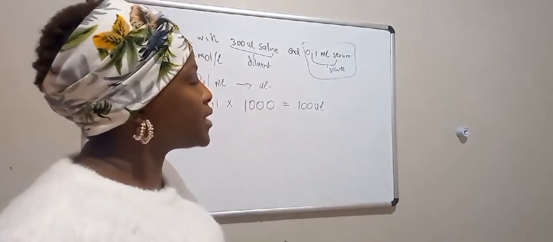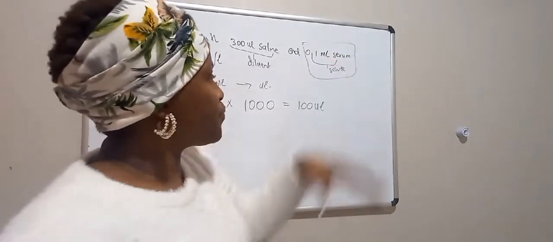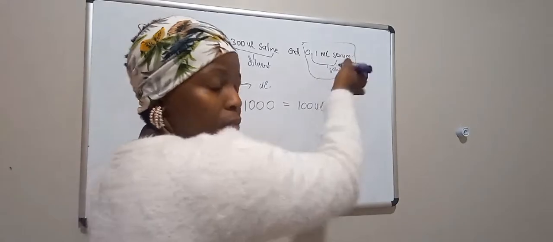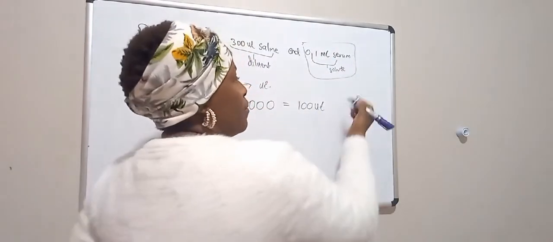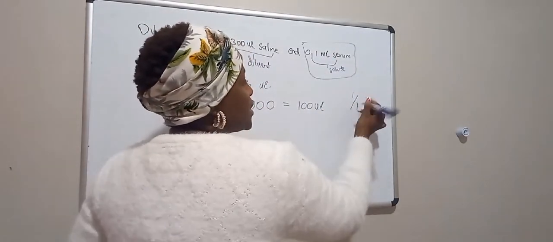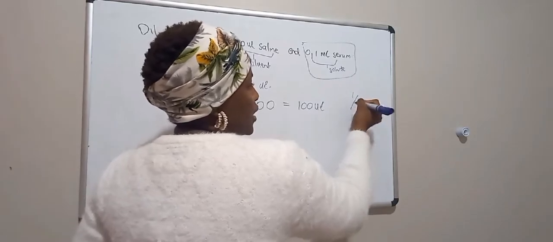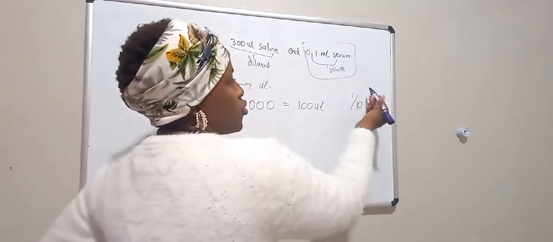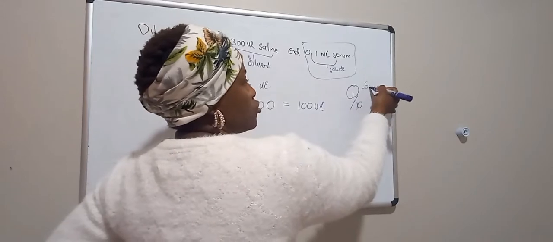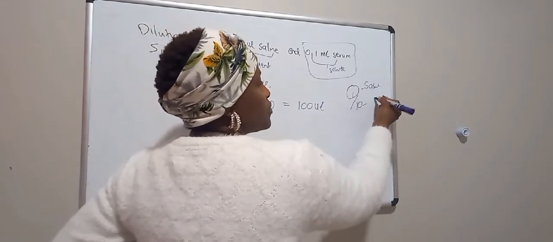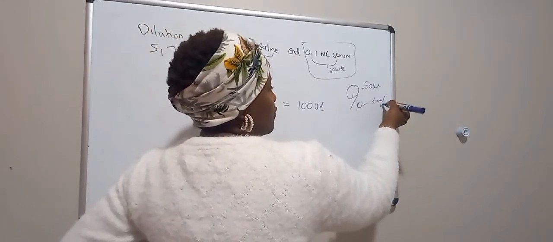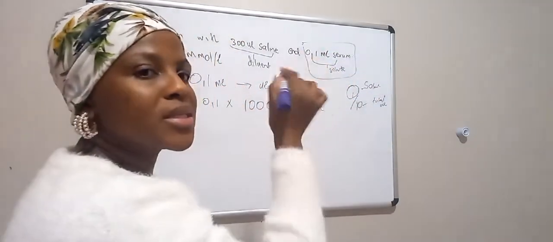So now you can determine your dilution factor. To determine the dilution factor, your serum will always be on top. If you remember the dilution statement, it's always, for example, like this with a straw, and we know that the top part becomes your solute and the bottom part will be your total volume. So we're going to express this the same way.